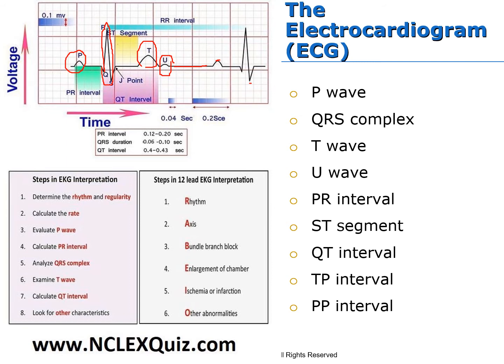The PR interval represents the time needed for the sinus node stimulation, atrial depolarization, and conduction through the AV node to occur. So from here, let me erase first. So let's erase all of this.